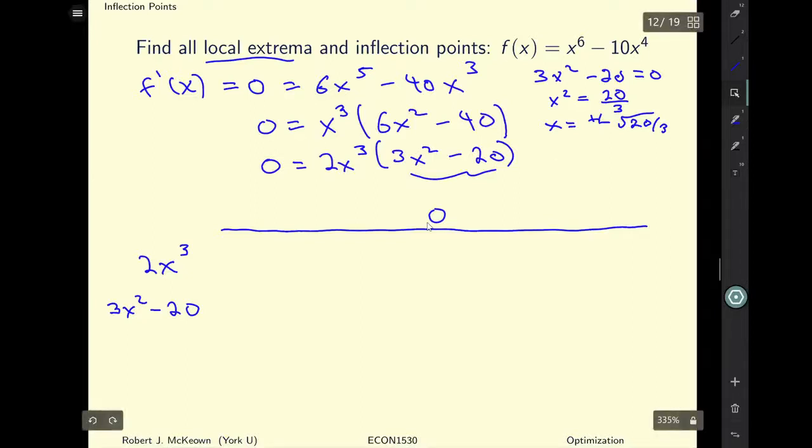And using my calculator, that's going to be approximately equal to 2.58.